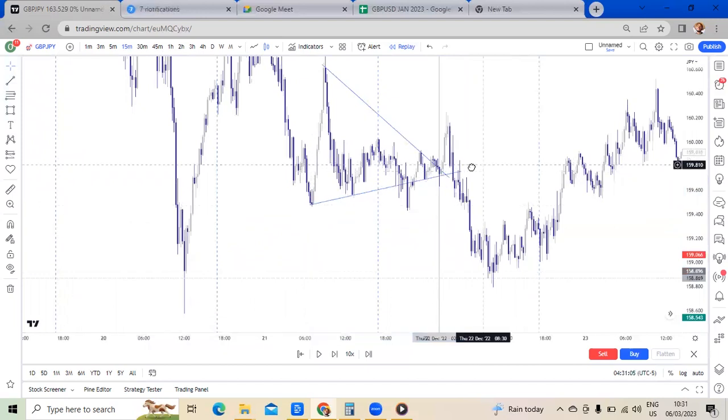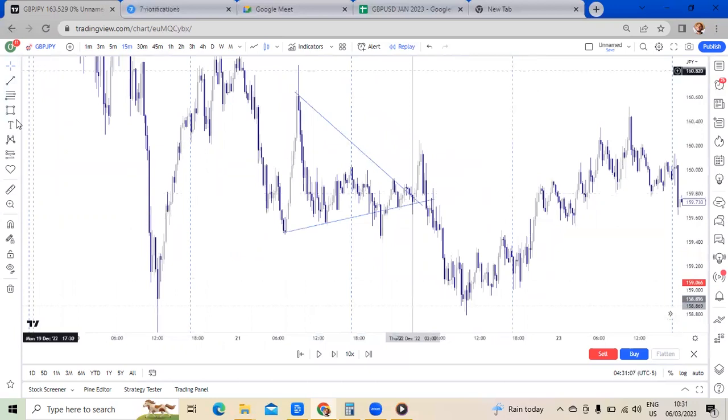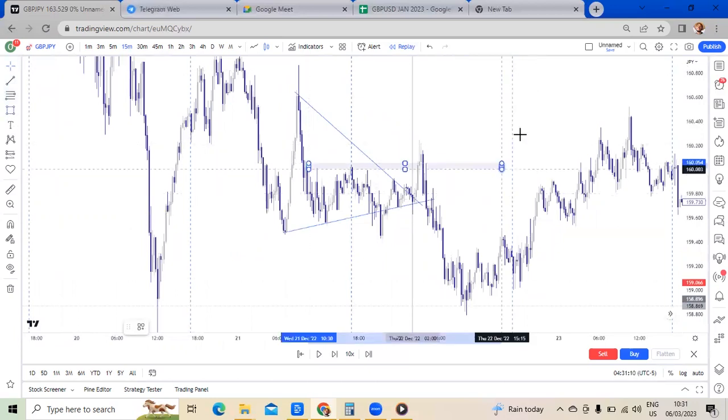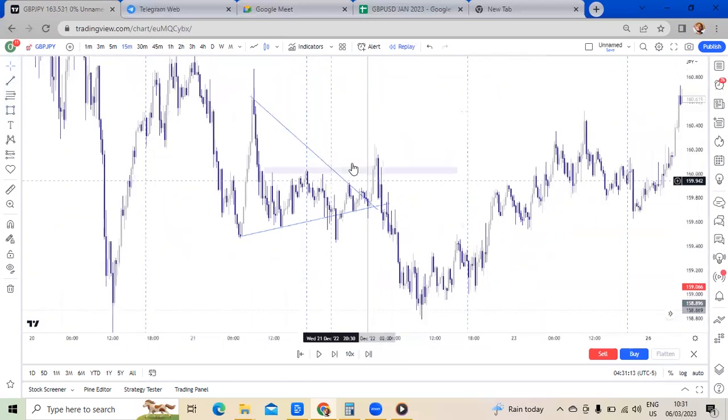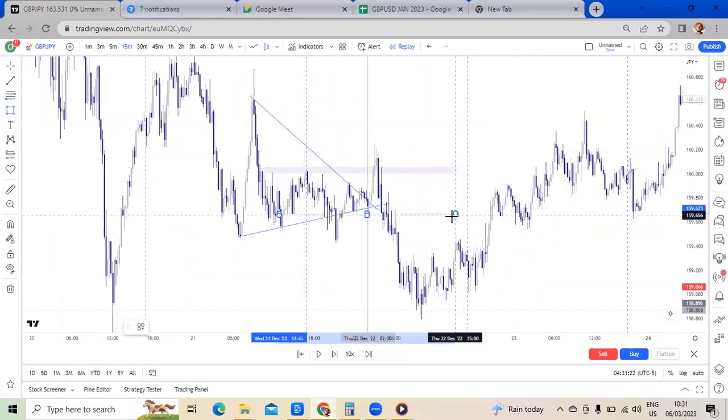Okay, so this looks better. The idea is we need a breakout and a retest. So it broke out, sank back in, retested, and broke down even more. You can see it here.